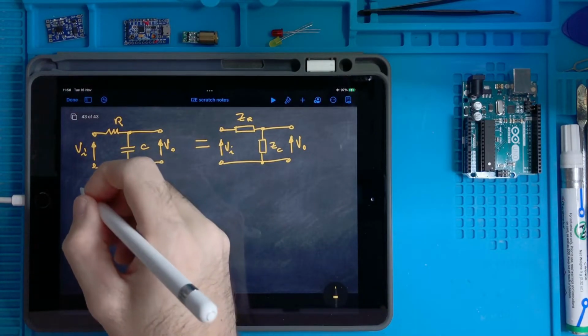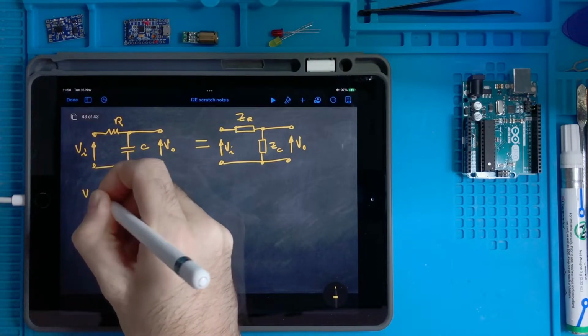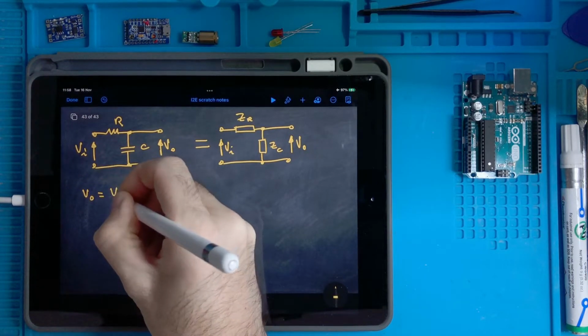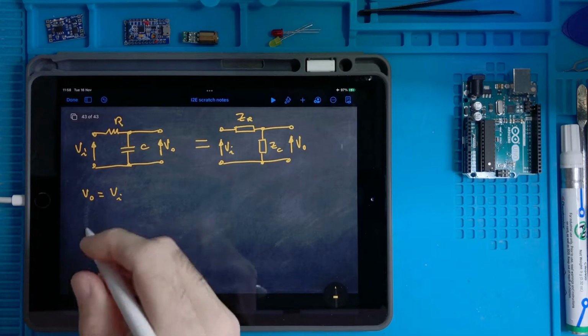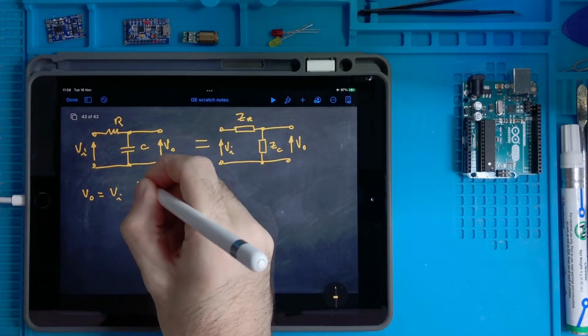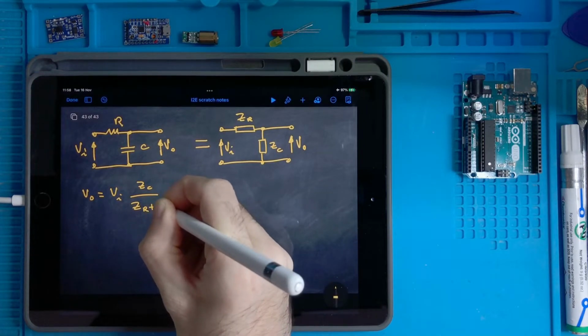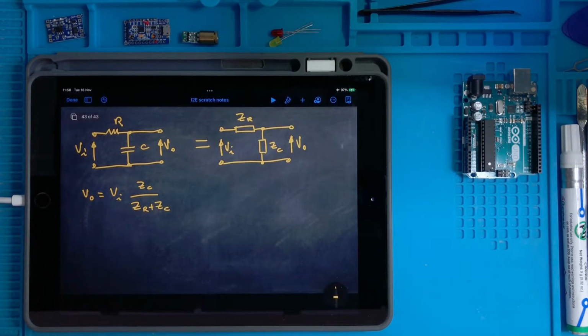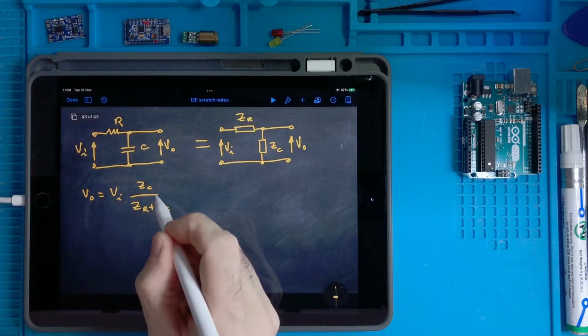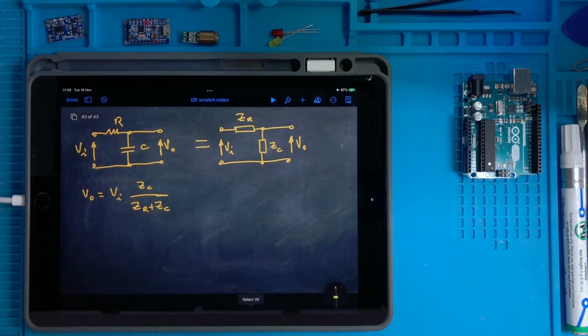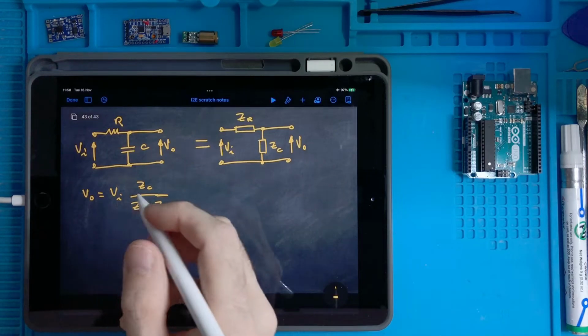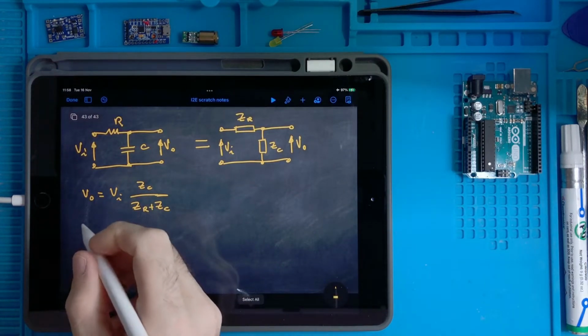So the output would be the input multiplied by a transfer function, which is like this. So it's the voltage divider we have calculated so far, but now with impedances.